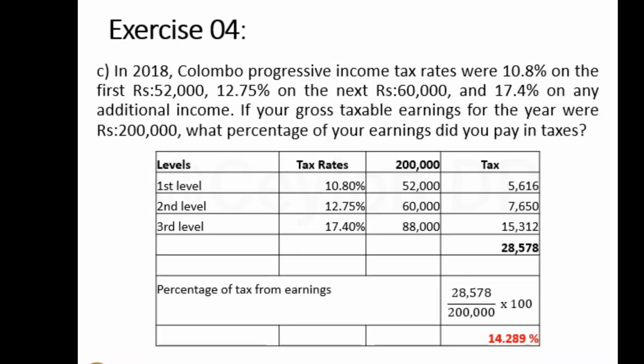Let's read. In 2018, Colombo progressive income tax rates were 10.8% on the first rupees 52,000.